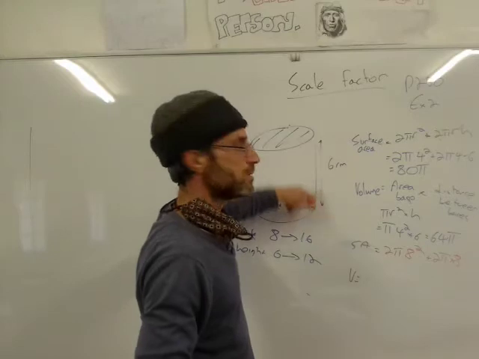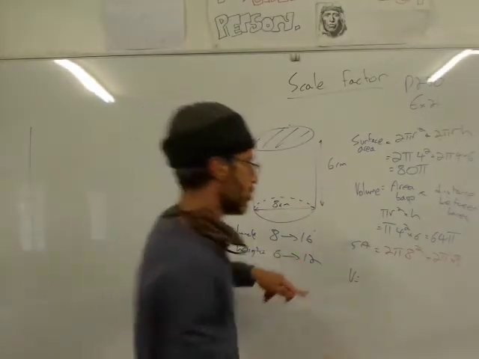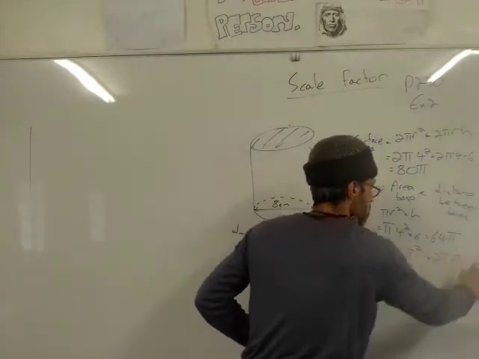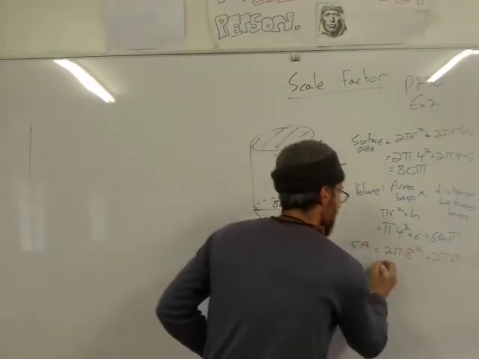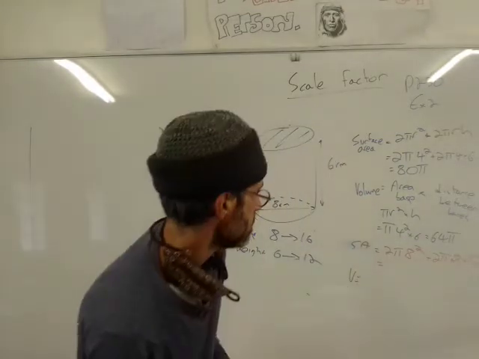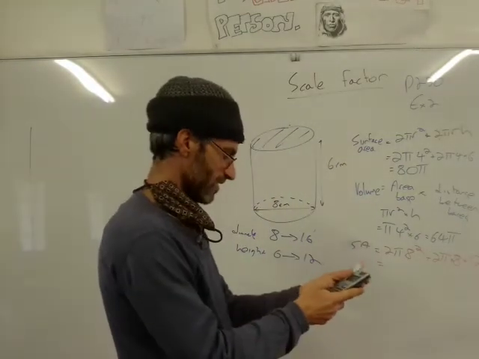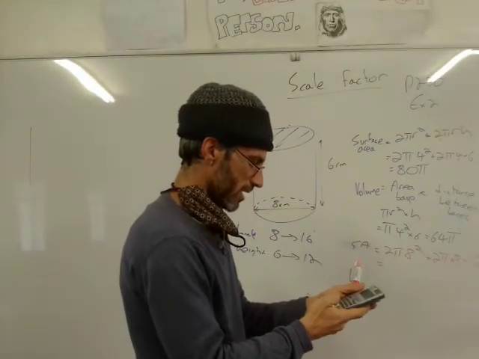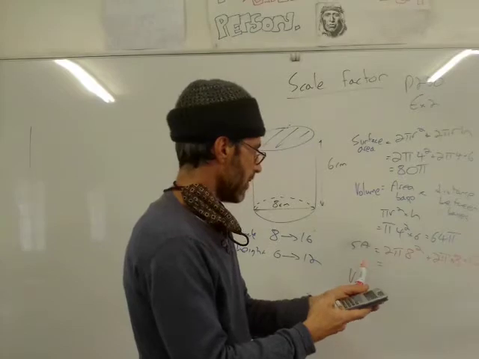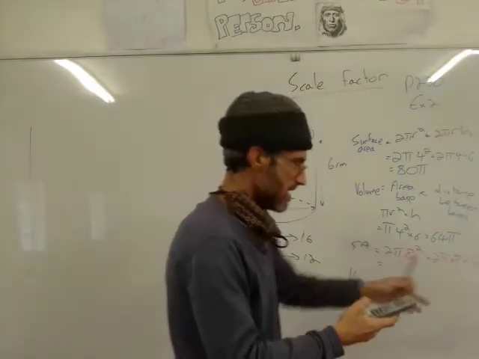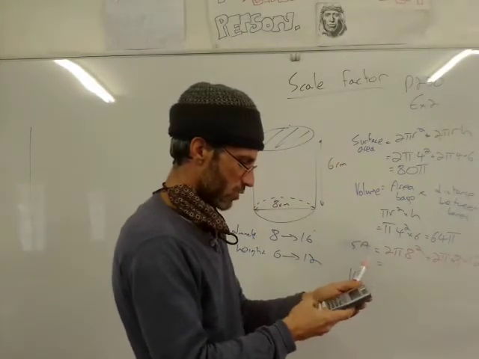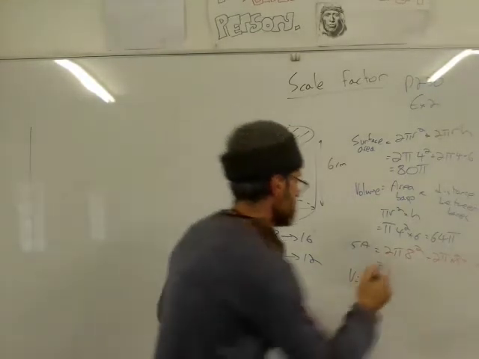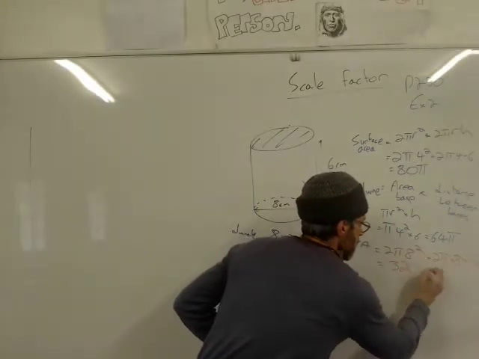From 6 we went to 12, times 12. So from 4 to 8, from 6 to 12. And we're going to add that all up. Maybe now I'll use calculators. 8 squared is 64, times 2, plus 16 times 12. I'm getting 320 pi.